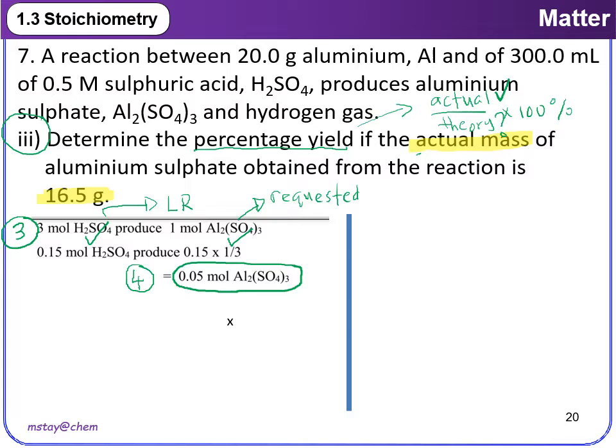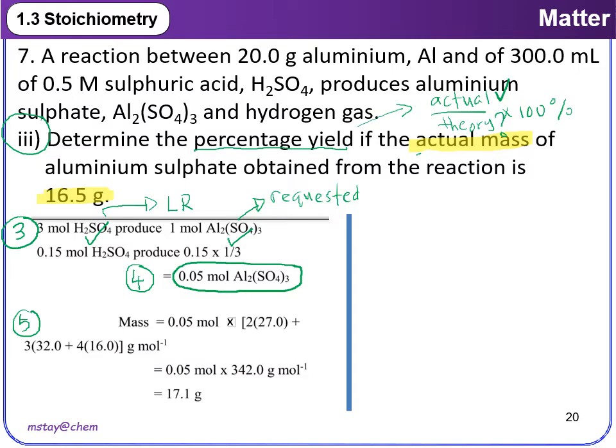So we have to continue like step number 5. We need to find out the mass of the aluminium sulfate by multiplying with the molar mass. So we get 17.1 gram aluminium sulfate, which is the theoretical yield.